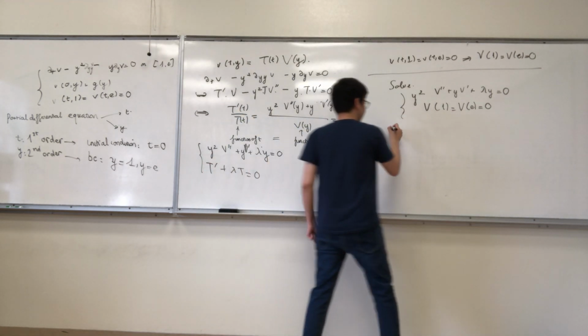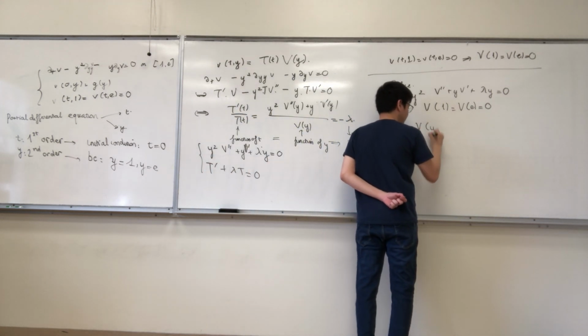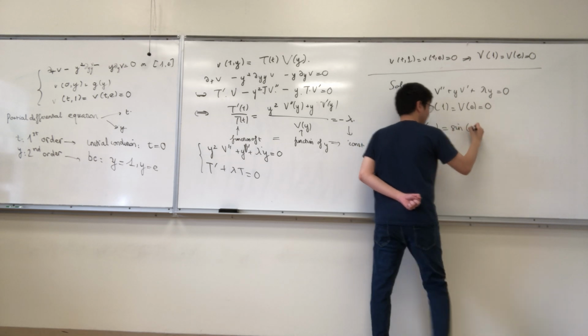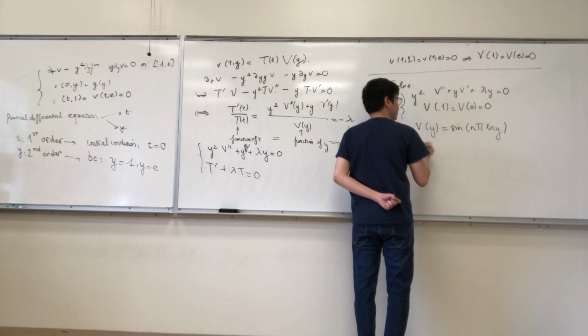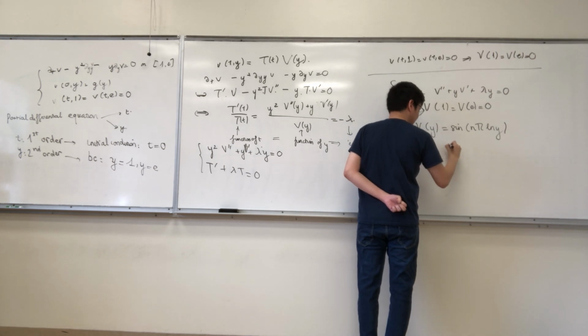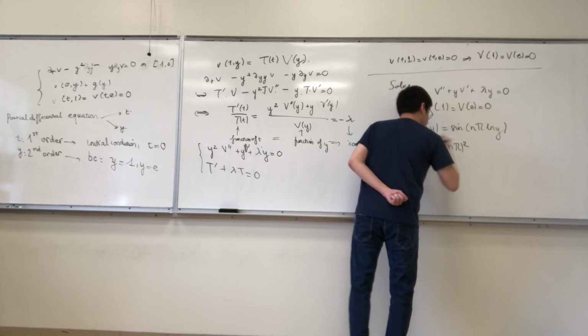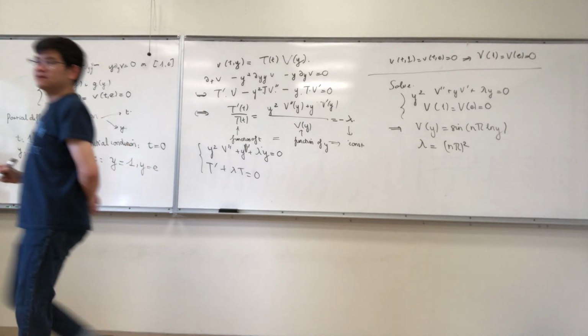So you find v of y to be sine of n pi log y, and you find that lambda is n pi squared. All right?